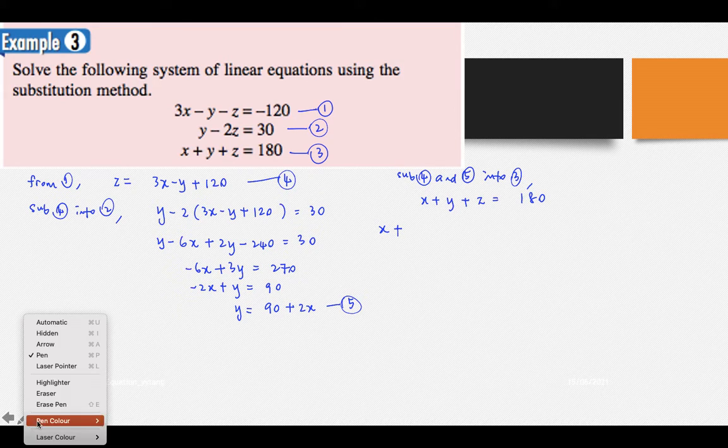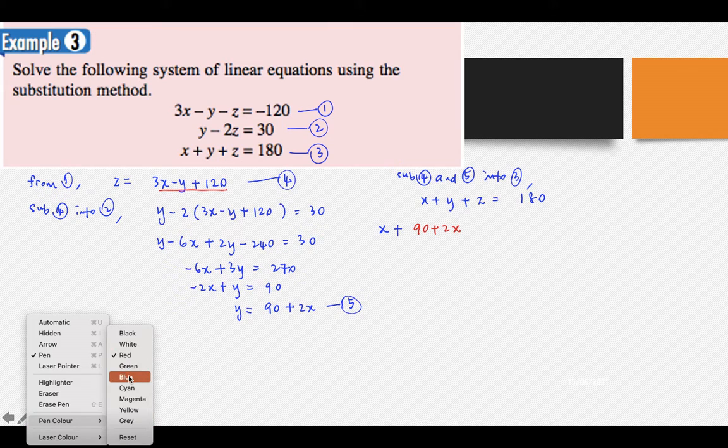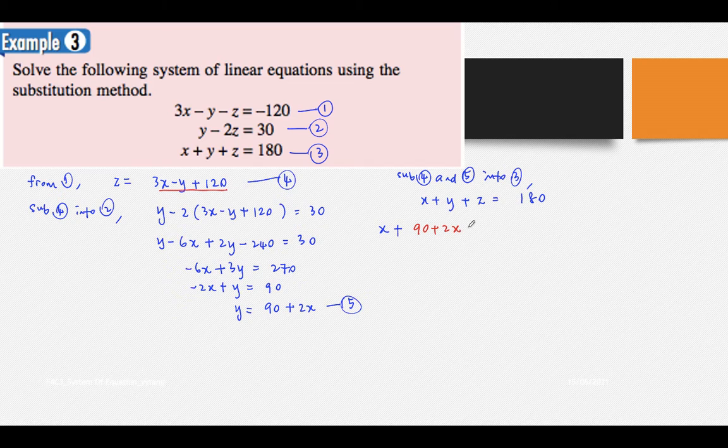So, saya masuklah y. 90 tambah 2x, ini y. Okay. Lepas tu, z kan? Okay, z. z ialah ini. Okay, tambah 3x tolak y tambah 120. Sama dengan 180.